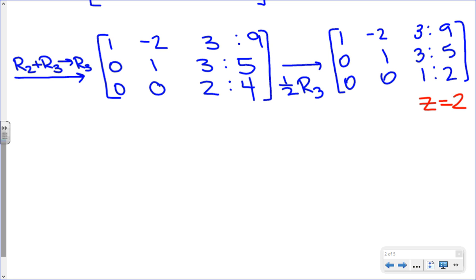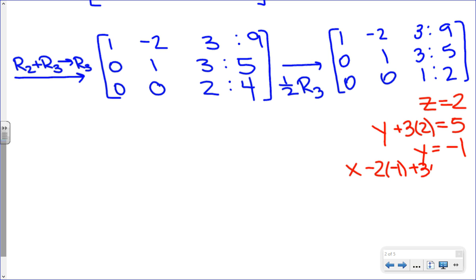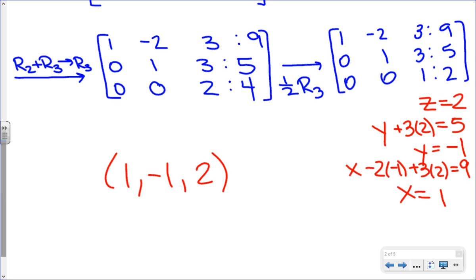I did not intend for that to happen, but this was our warm-up, wasn't it? Thank you for pointing that out. So we know that Z is 2. Y is -1. And X is 1. You already did the work for it.